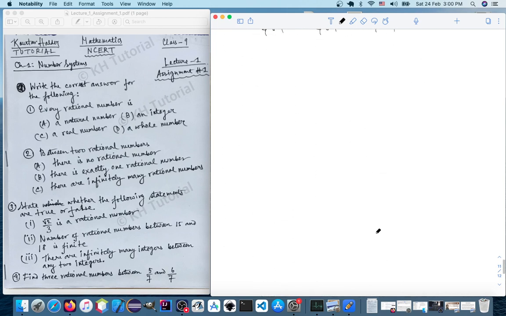Now let's say I will solve just another problem: find 5 rational numbers between minus 3 by 11 and 8 by 11.